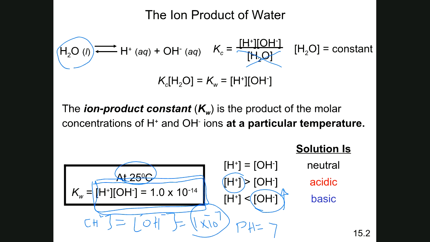This is very specific to water, and that's why it's known as Kw. Kw is the same thing as Kc, but for water, the Kc of water, so we call it Kw. The value for Kw is 1 times 10 to negative 14. That's for pure water and for any aqueous solution.